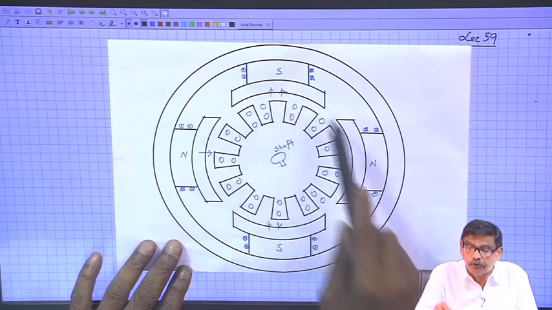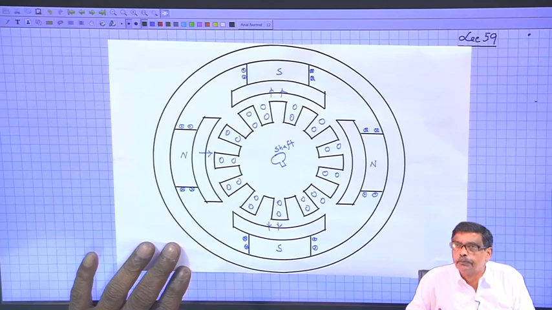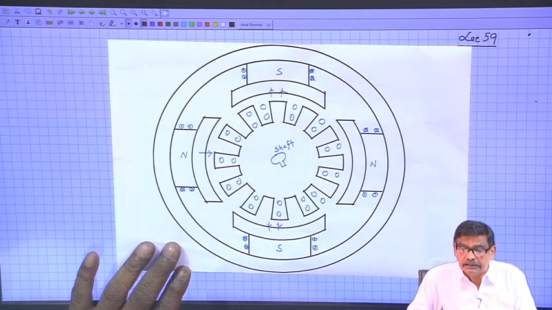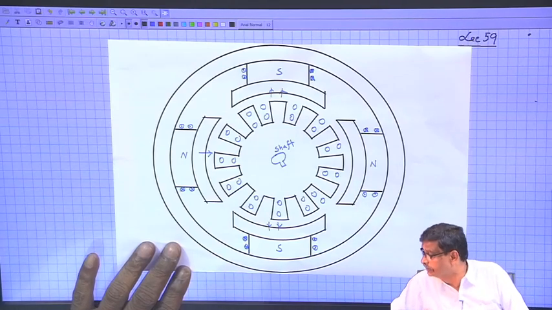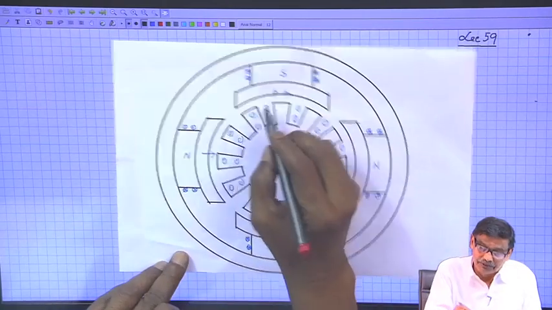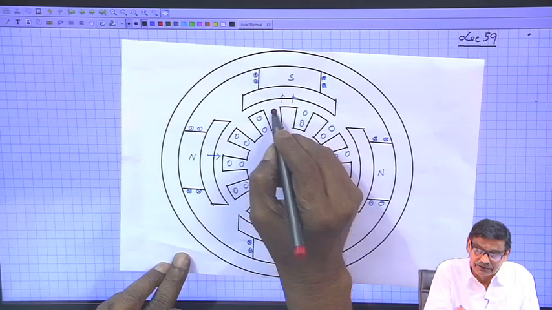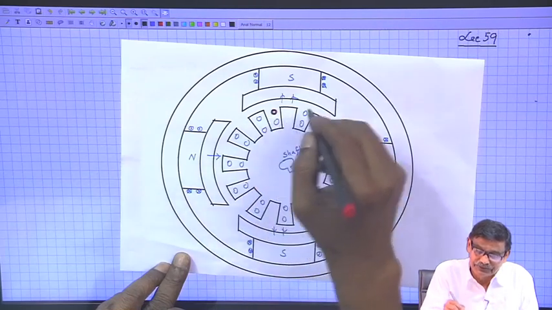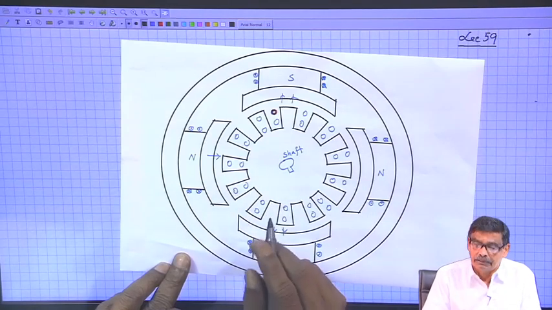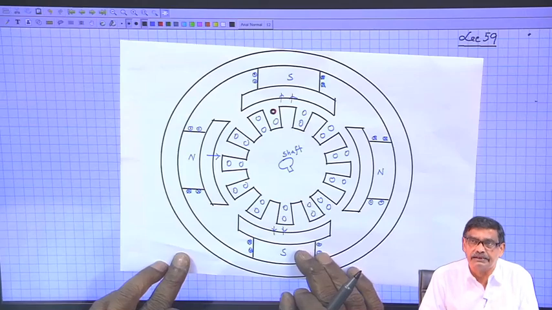There are 4 poles. Then how many slots will be there per pole? It will be 12 by 4, 3. Therefore, if I will use a different color, suppose this is one coil side, coil I have already shown, this is one coil side, it goes, and from where it will come out, because the angle between south and north pole is 180 degree electrical.